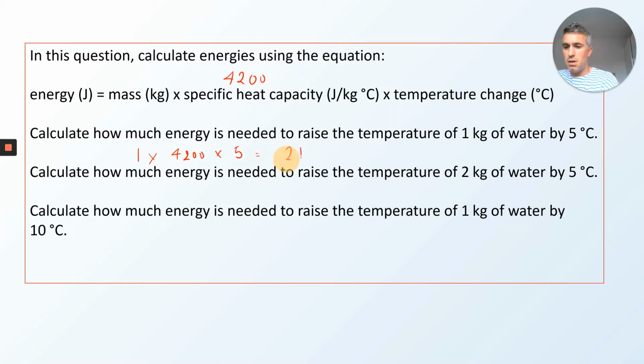21,000 joules. It's that simple. How much energy is needed to raise the temperature of 2 kilos by 5 degrees? Well, that's 2 times 4,200 times 5. Well, it's the same, but double. 42,000 joules.